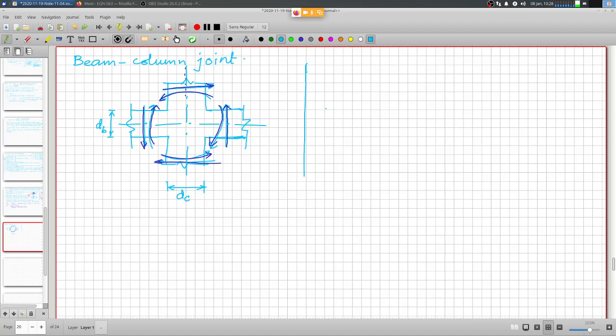So it will be somewhat here. It's a linear bending moment. It goes up to the point of contraflexure at the midspan, and similarly from here up to here. So this is the bending moment diagram in the columns.